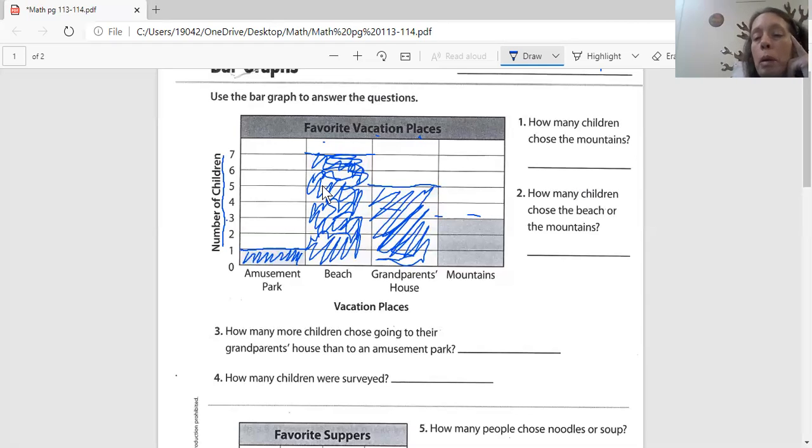All right? Now let me back up a little bit. To get the information to make a graph, you have to do a survey. And a survey is a way of asking someone a question and giving them a few choices to pick. For example, if I said to you, what's your favorite food? Tacos, spaghetti, or hamburgers?